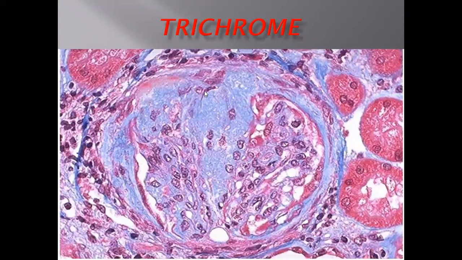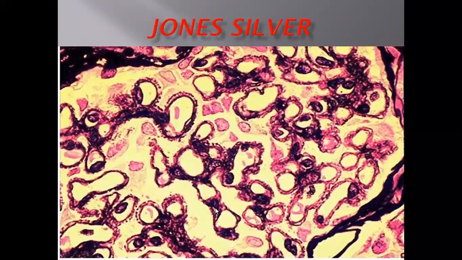Here this bluish stain is the trichrome stain. If we compare this picture with the first picture we saw, we can see there is much more fibrosis and much more sclerosis of this glomerulus. Discussing the other stains, here is the Jones silver, which is highlighting these membranes, and this stain is commonly blackish in nature.